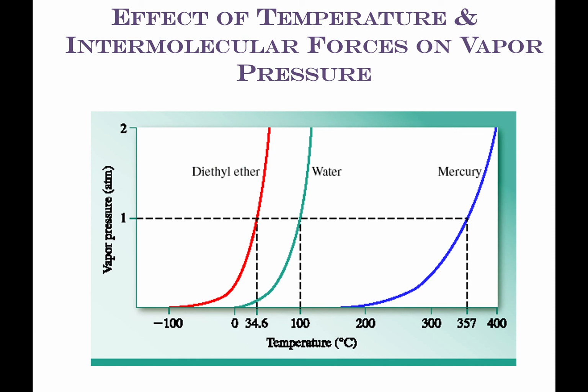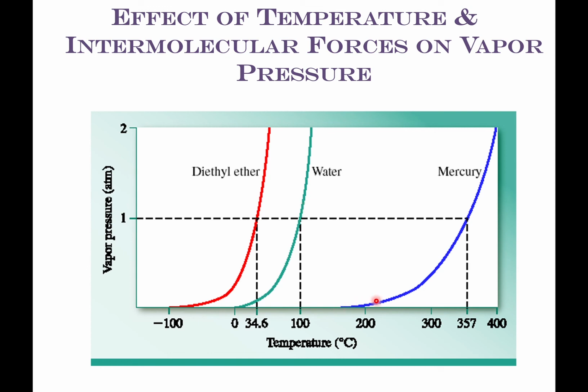So this is just showing what the temperature effect is on these molecules. If we're looking at the same molecule, and we should be getting pretty familiar with these types of curves, this is diethyl ether starting at negative 100 degrees and coming up. Here, this is 1 atmosphere of pressure. Here we have water at 34 degrees. We start coming up here. 100 degrees is when we reach 1 atmosphere, and 100 degrees is the regular boiling point for water.